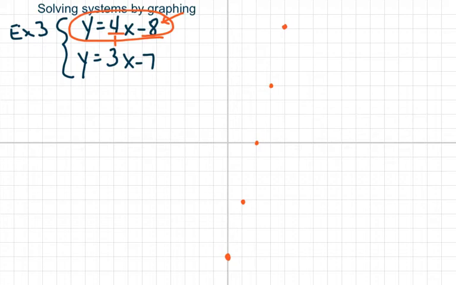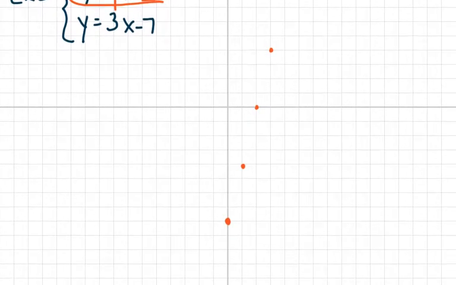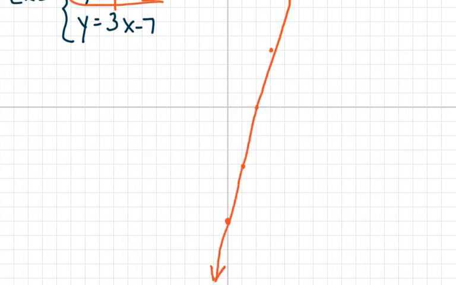And I'm going to continue it in the other direction as well. And I don't really need to go too much further, so down 4 and left 1. That gives me enough to graph. And again, you should be using a straight edge, so yours should look nicer than mine.